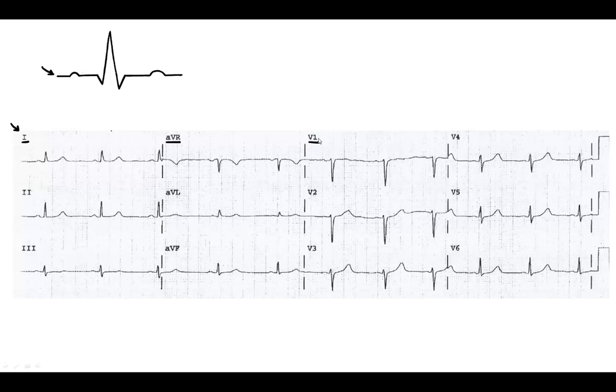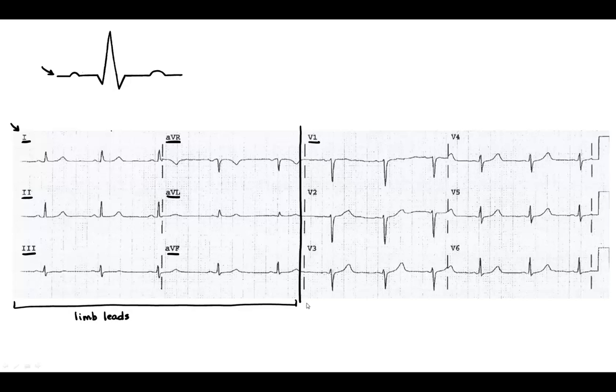So if you look on the left, you'll see leads 1, 2, 3, AVR, AVL, and AVF. Their names are all here. And if you draw a line through the center of this EKG, all of the limb leads are on the left, and then the names of all of the precordial leads are on the right.